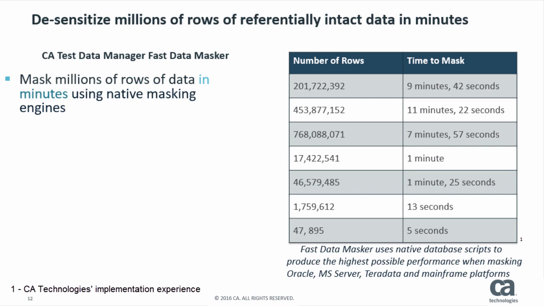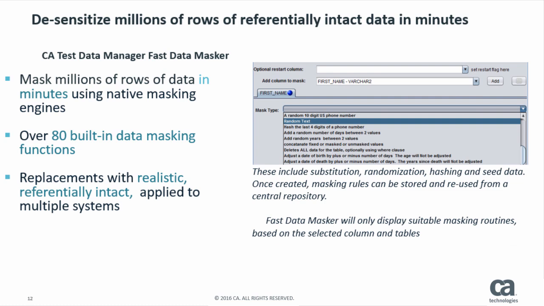And the Test Data Manager Fast Data Masker routine can mask millions of rows in minutes by running over 80 built-in data masking functions against that data, with the aim of replacing that PII content, the personally identified content, with other realistic, referentially intact content.